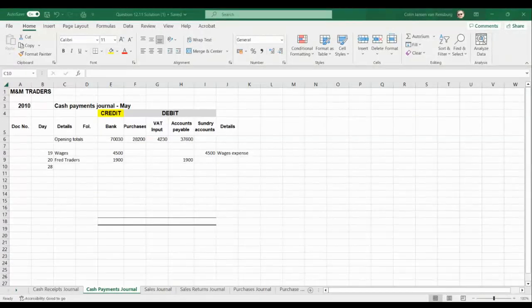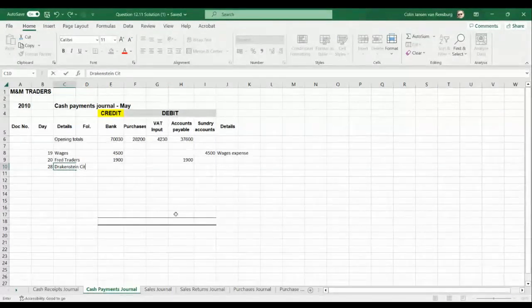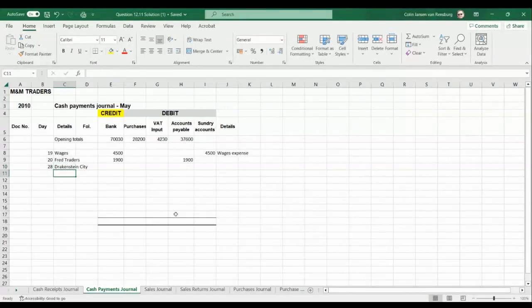So let's apply that. So let's say Drakensberg. I hope I spelled it correctly. Drakensberg city, I think it's called, or municipality. I'm not 100% sure, but anyway, it is Drakensberg, right?